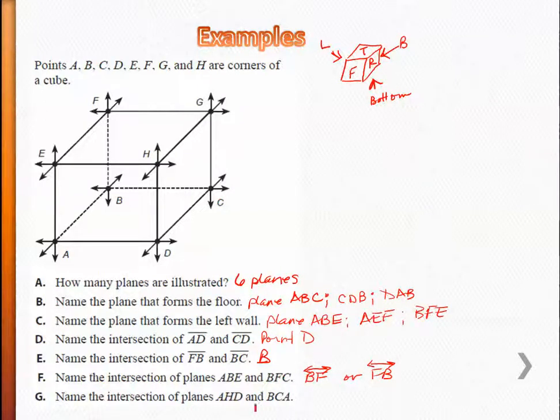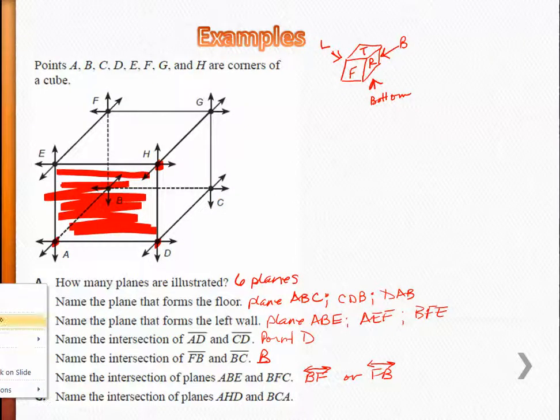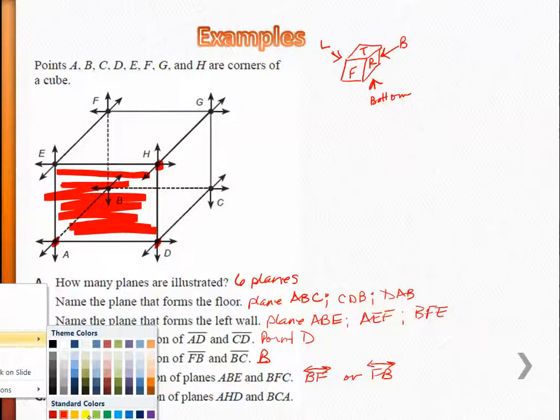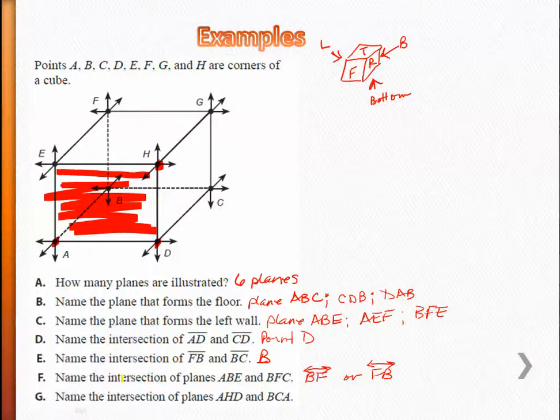Name the intersection of planes A, H, and D. So here's A, here's H, and here's D. So it's going to be the front of the cube. Okay, now let me go over here. I'm going to change my ink color back to yellow, and BCA. So here's B, here's C, and here's A. So this one's going to be the bottom of the cube.